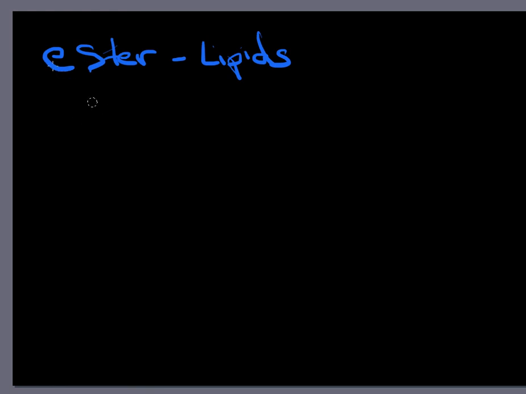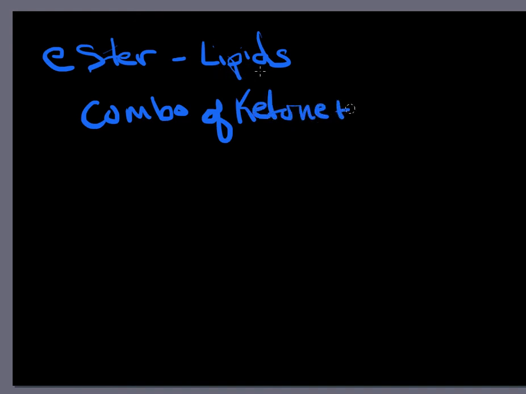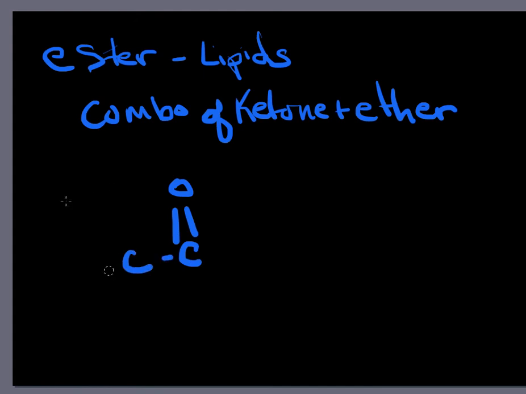An ester is really the combination of a ketone and an ether. So you have double bonded O to the C to whatever else is over here, to an O to a C.